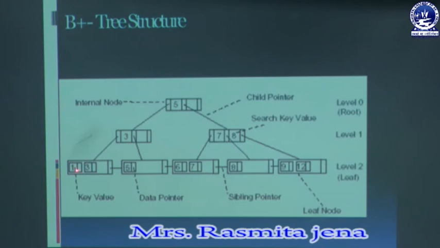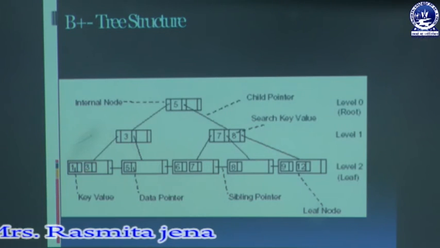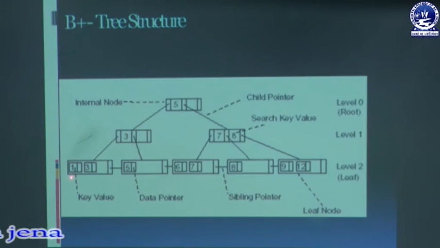But you can see in the leaf node the structure is different because each key value has one data pointer. For each search value, the search key field value must be greater than its left sub pointer and must be less than or equal to its right sub pointer.